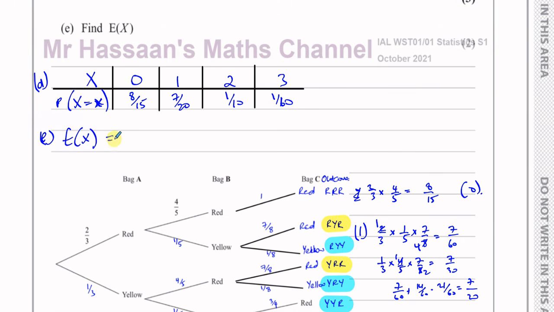Now E(X) is basically the expected mean, and you find it by multiplying x times the probability of that. So it's 0 times 8 over 15, plus 1 times 7 over 20, plus 2 times 1 over 10, plus 3 times 1 over 60.